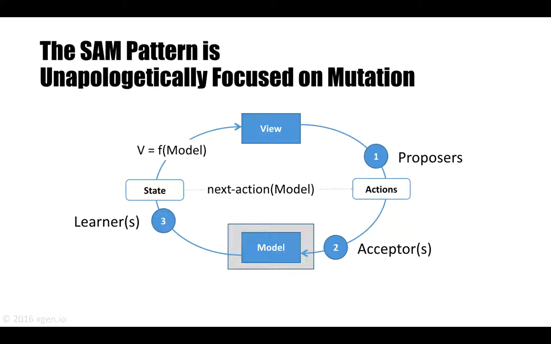One of the roles of the state function is to trigger the rendering, to create the state representation, and in particular, to trigger the rendering of the view as a function of the model. Another important aspect of the state function is to compute whether there is a next action that needs to be performed. Let's say you need to launch a rocket, you're designing a rocket launcher, and as the countdown reaches 0, you reach the state where you're ready to launch.